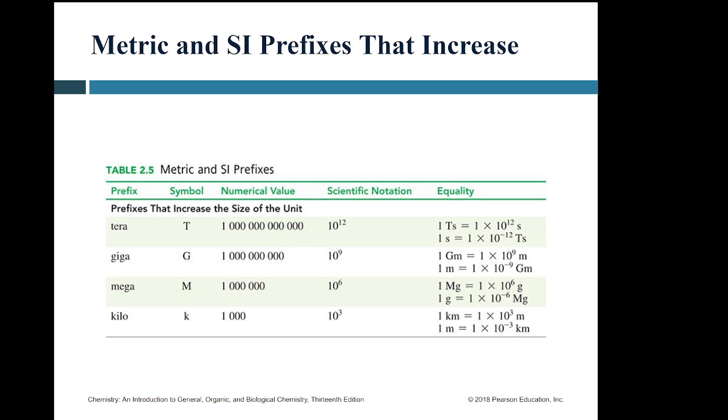Why? Because the terabyte is 10 to the 12. Tera was a prefix, and so was giga. There's 1,000 gigabytes in a terabyte, or another way of saying that is 10 to the 12 bytes.